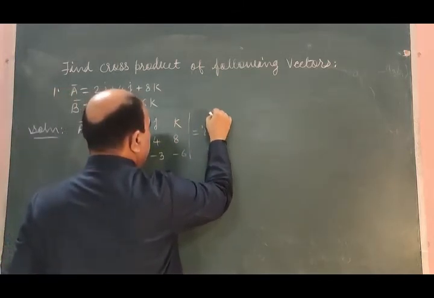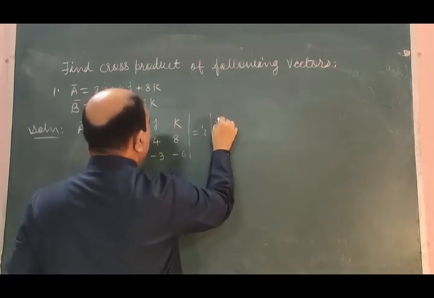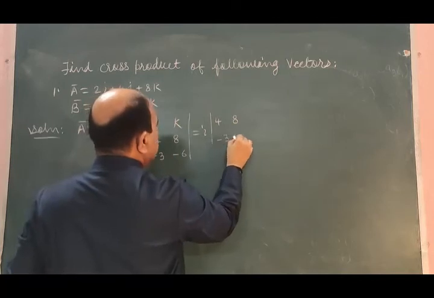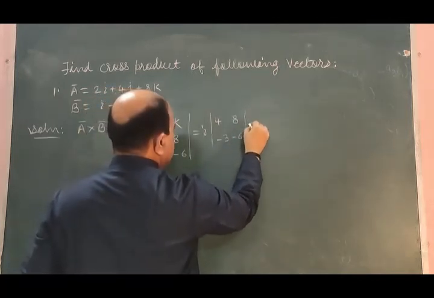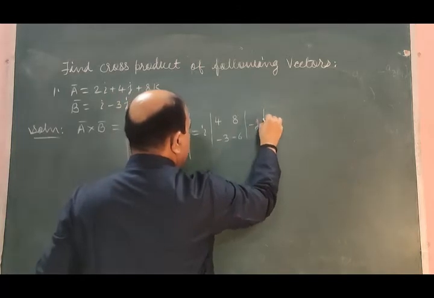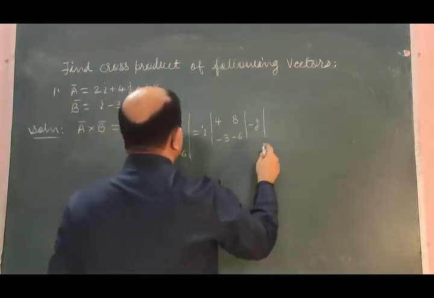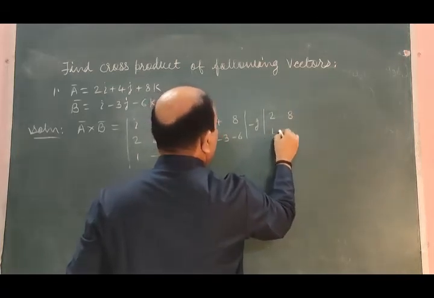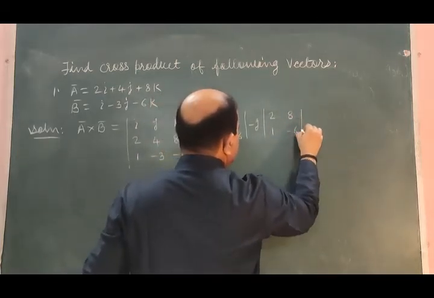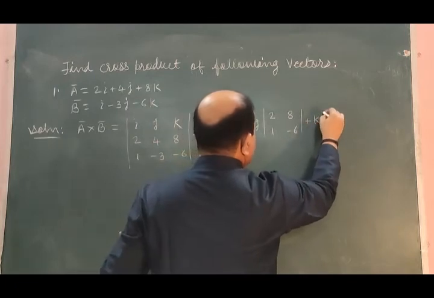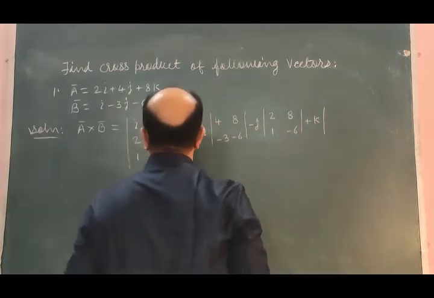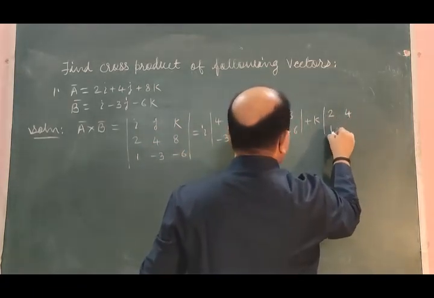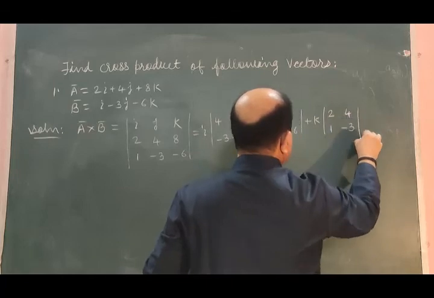This is equal to i into the determinant 4 8, minus 3 minus 6, minus j into 2 8, 1 minus 6, plus k into 2 4, 1 minus 3.